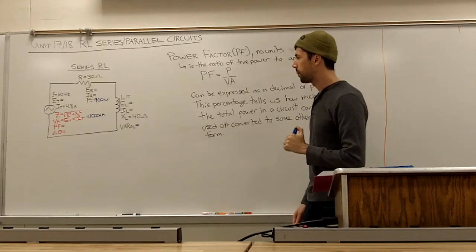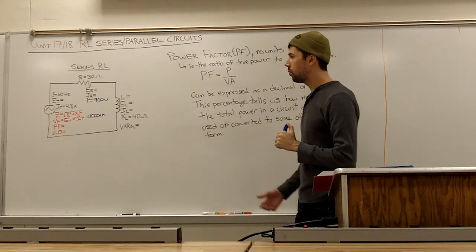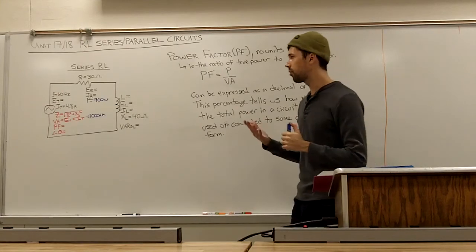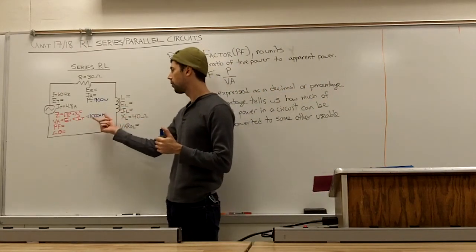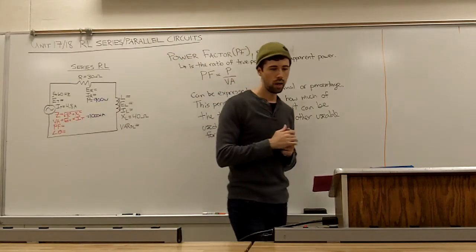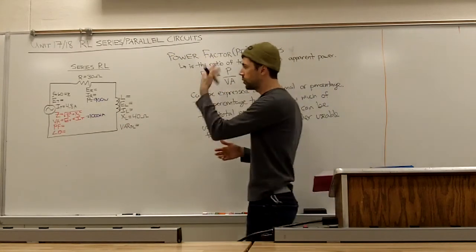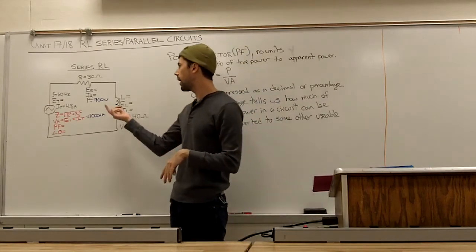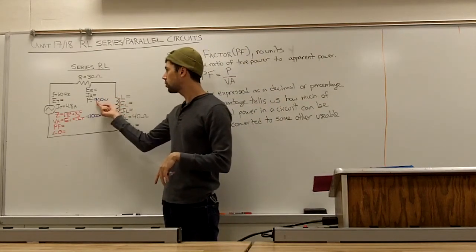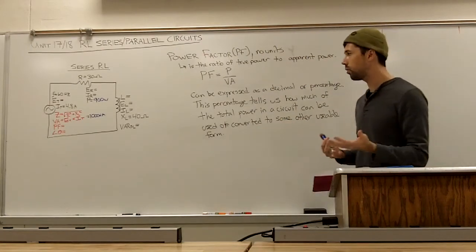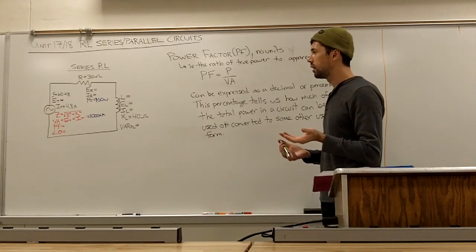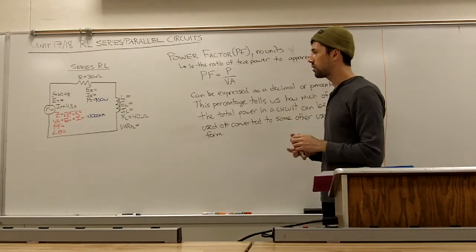So, whenever we're paying for power, we always have to pay for all of the power being supplied. So, as a customer, you're going to be paying for 1,000 volt amps of power. However, due to whatever type of circuits you have loaded up, you can only actually convert 900 watts of power in your circuit. So you're paying for 1,000 volt amps, but can actually only use 900 watts of power.